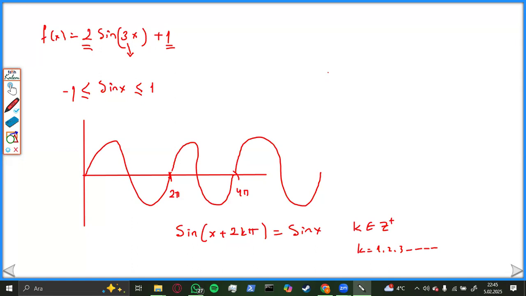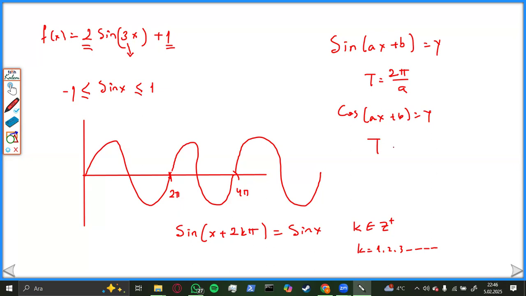the period. In other words, if you see that y = sin(ax + b), that time your new period is 2 pi over a. No matter if it is sine or cosine, it is the same for cosine, y = cos(ax + b). So still the period.